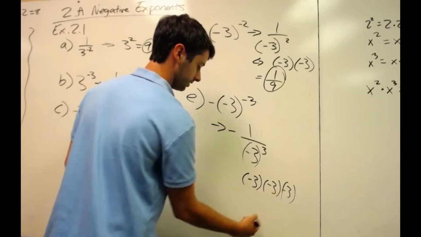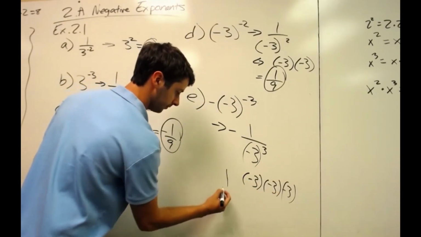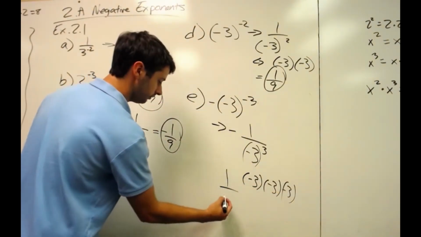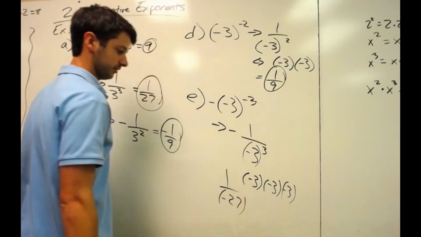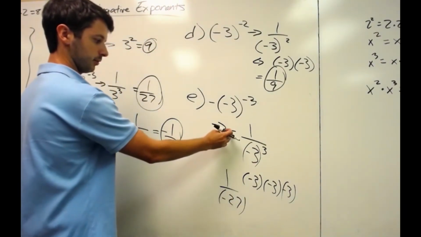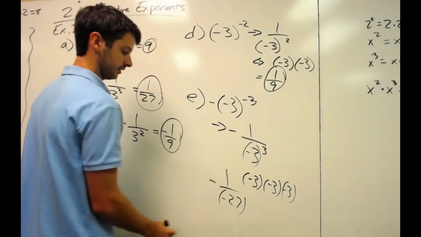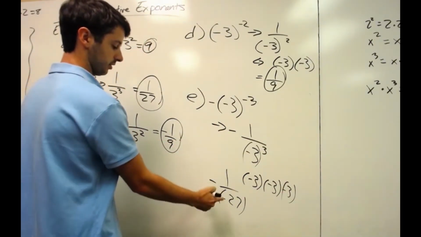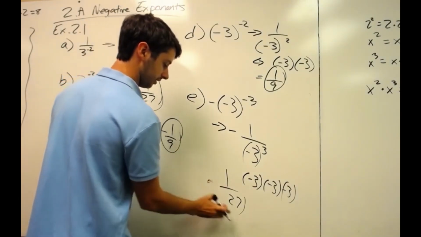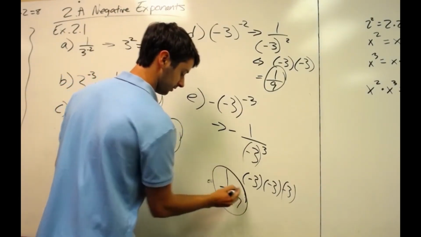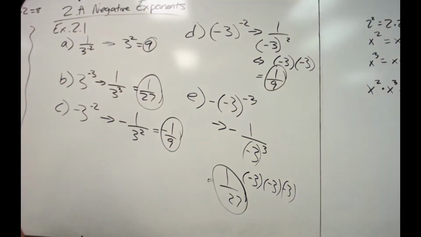That actually is 1 over negative 27 in parentheses. However, we have this negative sign, so now these both cross out, so this is where it's confusing. A negative and a negative equals a positive, so your answer would be 1/27.